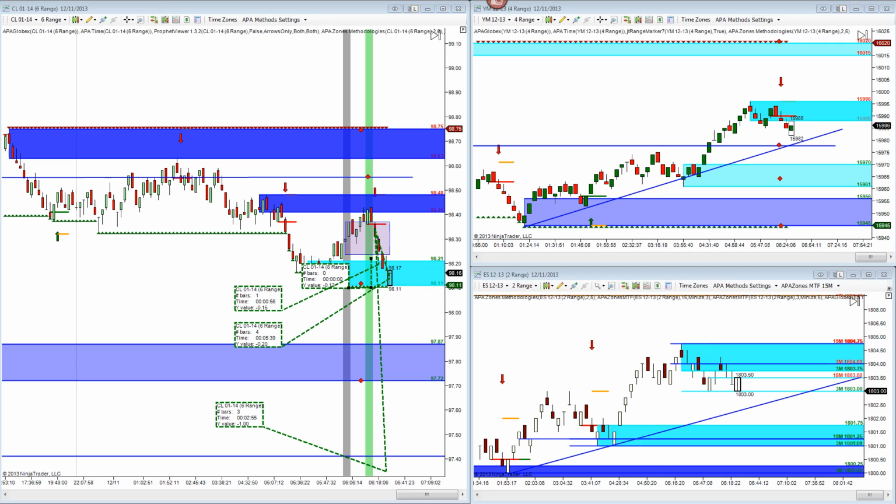This may be it right here. It may reverse up to the upside. Let's just say if I wanted to go long, I would want it to be below 98. I don't know if I'd want to be here, but you never know what it's going to do. It's ranged today, so short at the top, long at the bottom of it. I just got a long signal on my 1 minute.